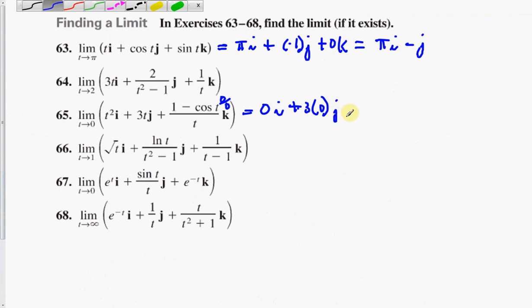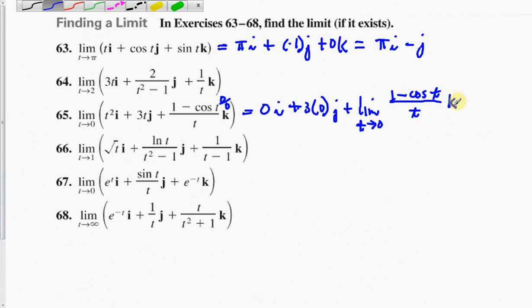Then I'm going to write this as plus the limit, I'm going to leave it there, as t goes to 0 of 1 minus cosine t all over t.